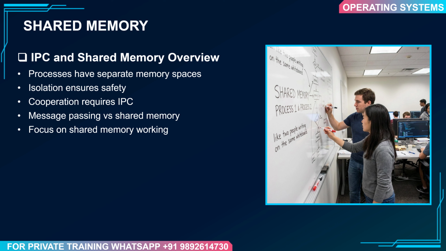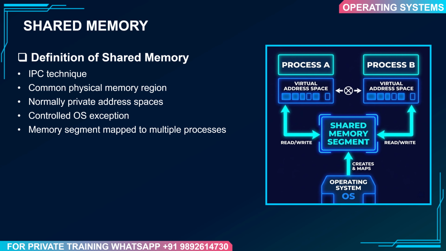In this video, we will focus entirely on shared memory and understand how it actually works inside an operating system using simple and practical examples. To begin with, shared memory is an IPC technique where two or more processes are allowed to access the same region of physical memory. Normally, each process has its own private address space, as we discussed earlier while talking about processes and memory protection.